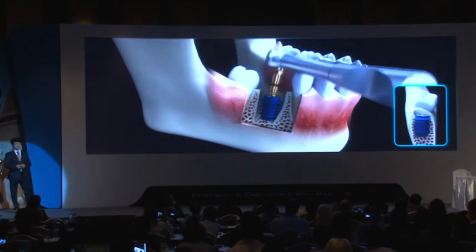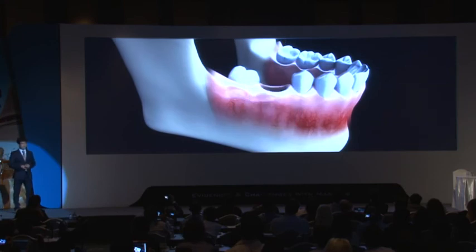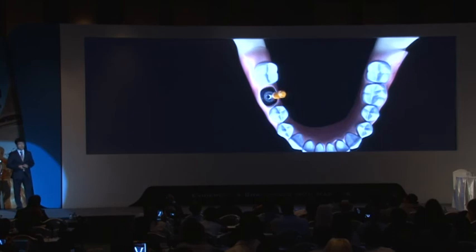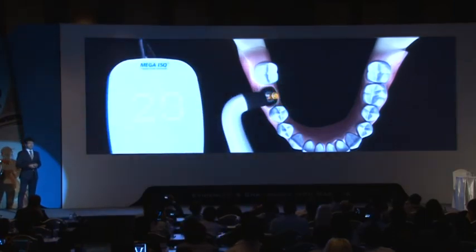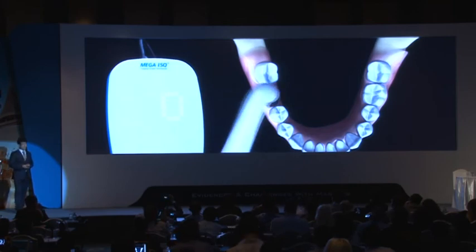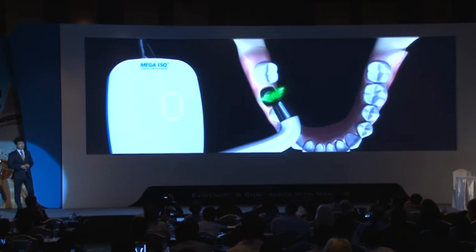Insertion torque was measured, and ISQ value was also measured with a cell device. Yes, this is Mega ISQ. Double measurements were made, and the average of ISQ values was recorded.